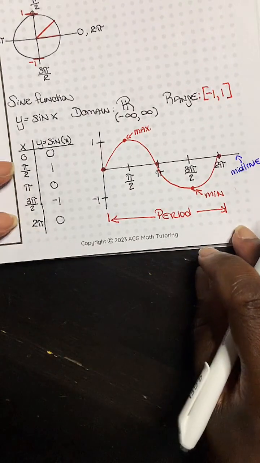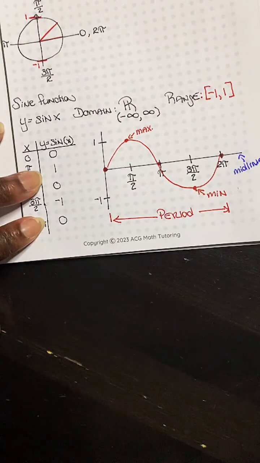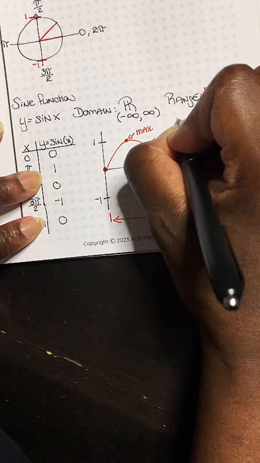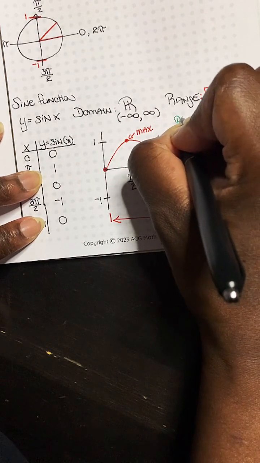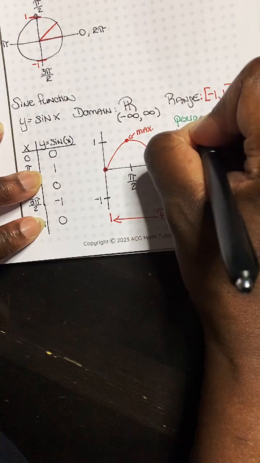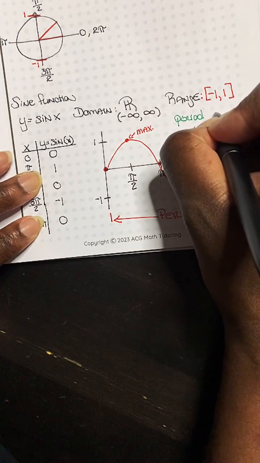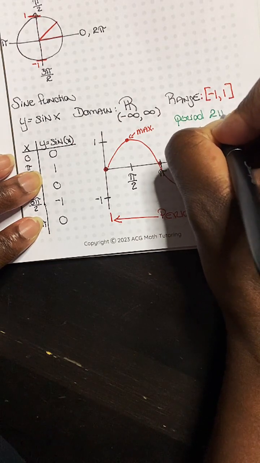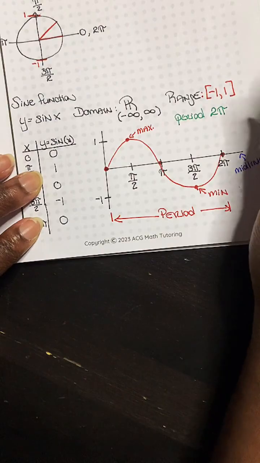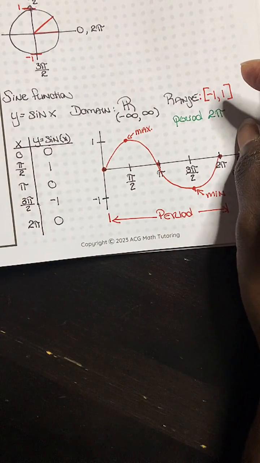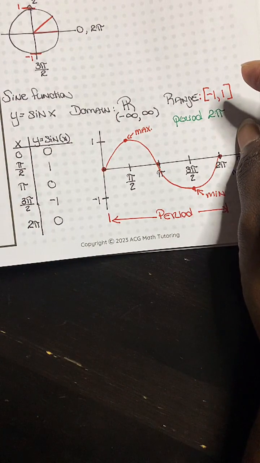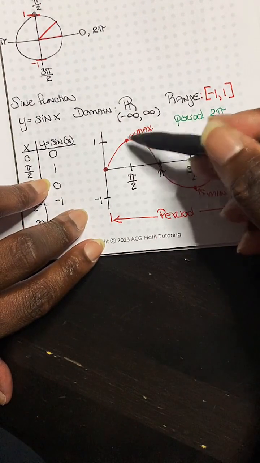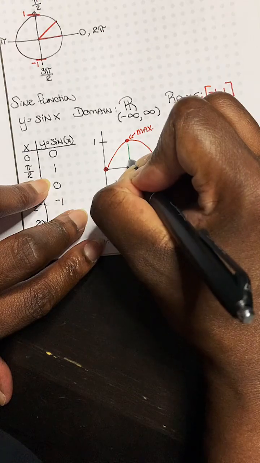When we're looking at the period, and I'm going to use this just for a standard sine wave, your period is generally going to be 2 pi, unless we have something other than 1 in the frequency. And then my amplitude, this is what I was talking about.